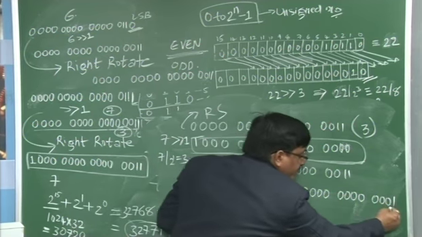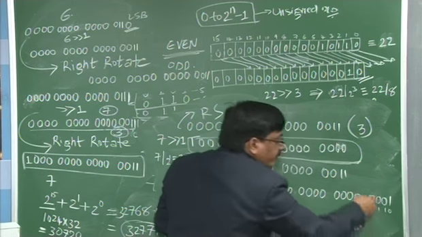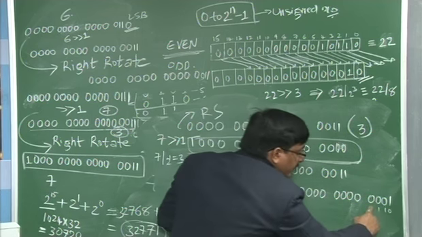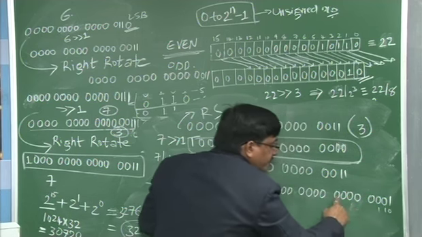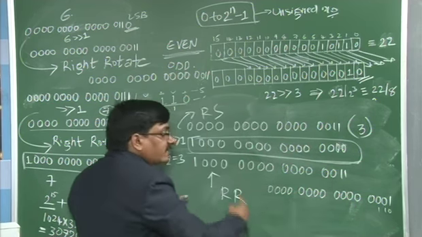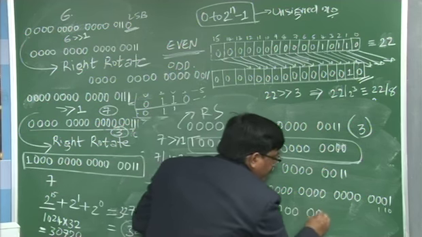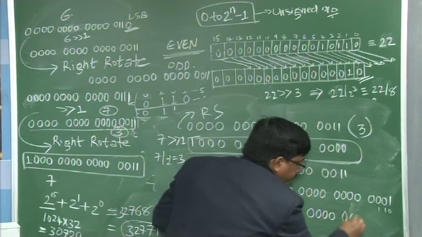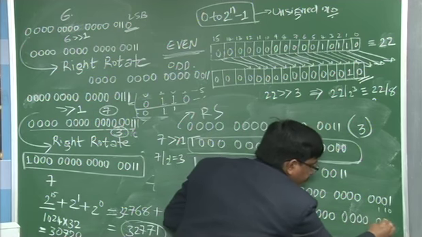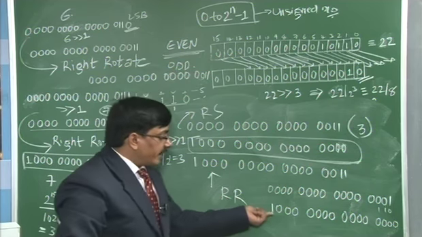One bit rotation means it will come here, the left bit. The second time I perform the left shift operation, it will come to this position. Third time it will come here, 4th, 5th, 6th, 7th, 8th, 9th, 10th, 11th, 12th, 13th, 14th, 15th. 15 times when I perform the left shift, I will be getting the 1 here.